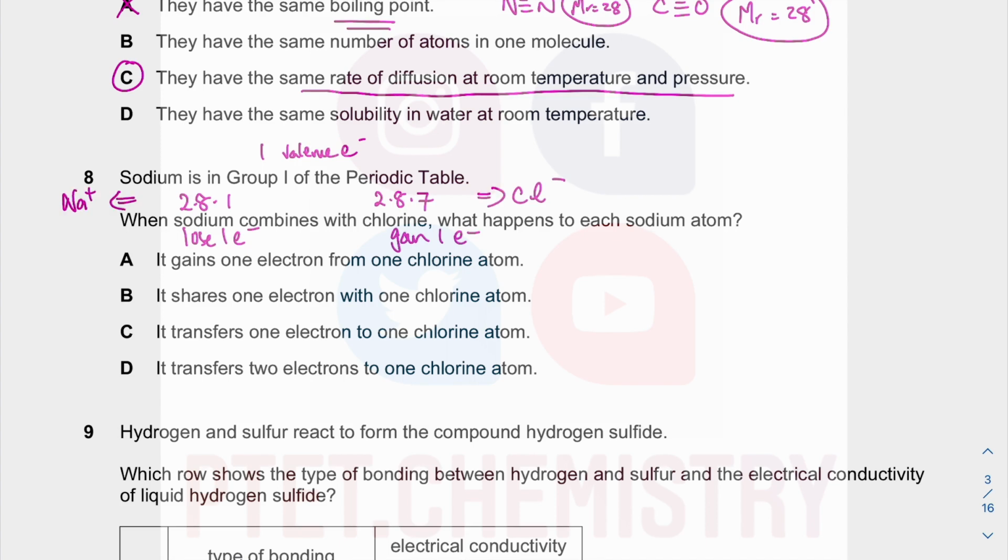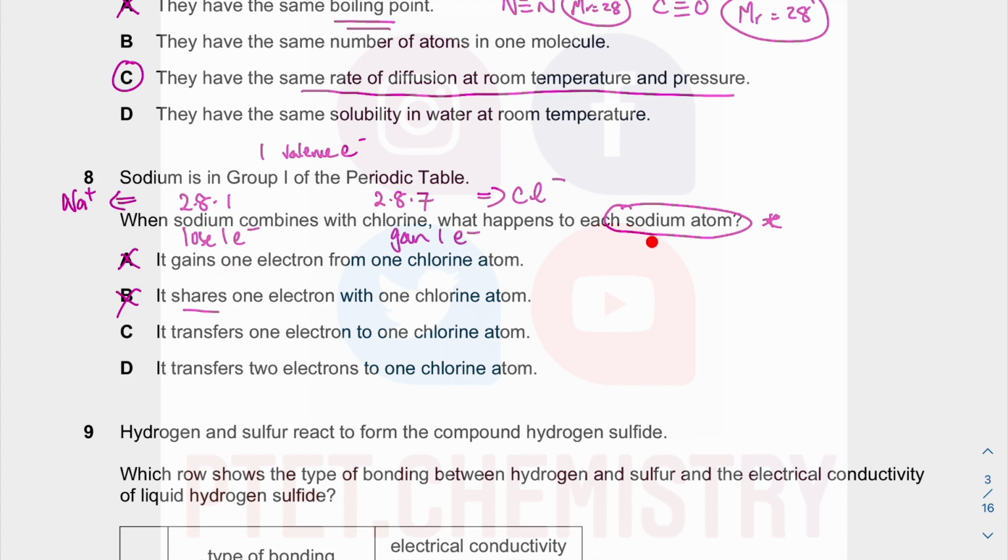So it's not a sharing of electrons. What happens to the sodium atom? We are not looking at what happened to chlorine, we are looking at the sodium atom. It will lose 1 electron, so it's not gaining 1 electron, so this is wrong.